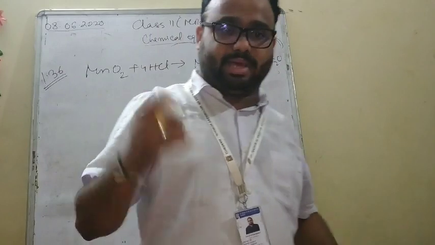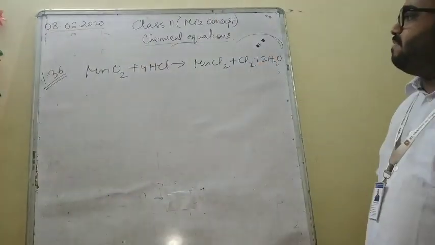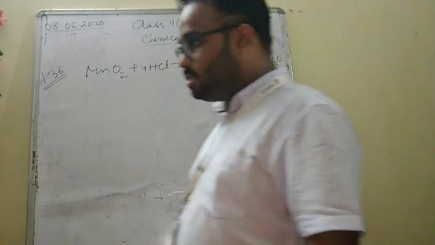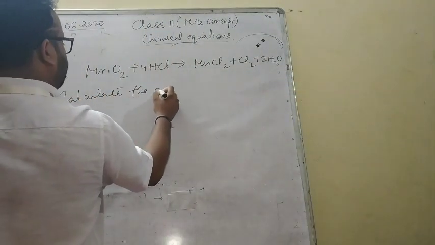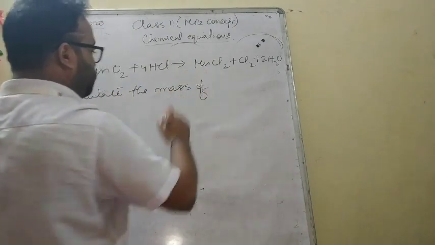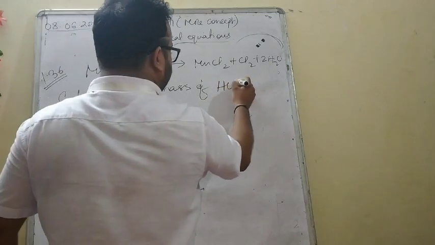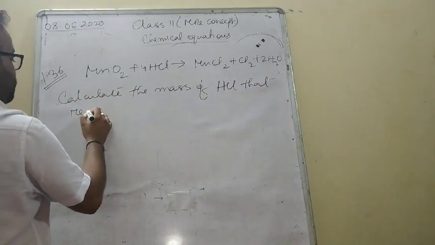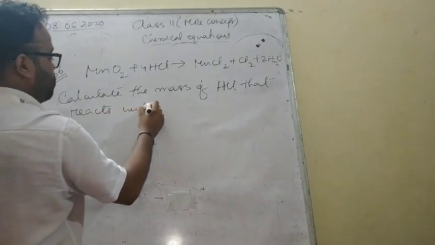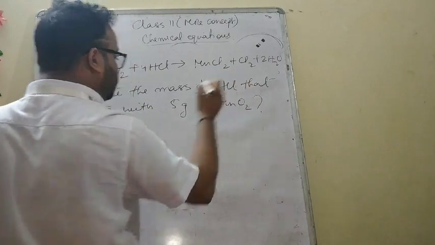They have given you this one, as I remember, and they have asked you to calculate the mass of HCl that reacts with 5 gram of manganese dioxide. I guess this is the question.